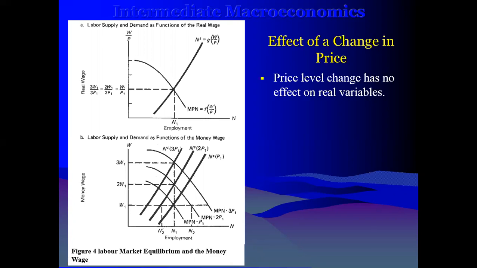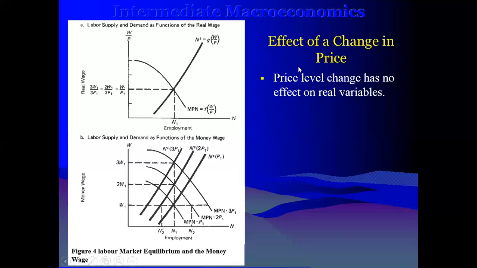Right. So for what we have been doing, we said that it is only real factors that can cause a change in all the real variables that we're talking about, like N star, Y star, W over P star. It's only real variables that can cause a change in those real variables.